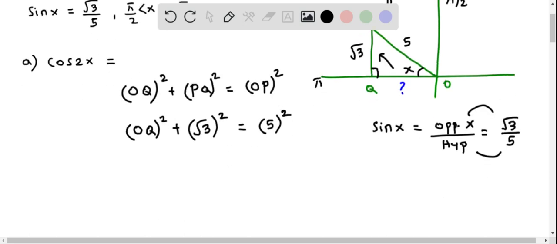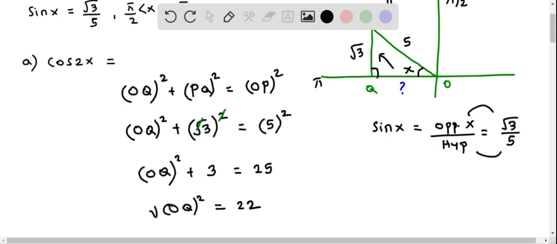Let's simplify and solve for OQ. Here we have OQ squared plus root 3 squared. This root and this power of 2 will get cancelled, so we will have only 3, and this equals 5 squared, which is 25. Now we can solve for OQ. OQ squared equals, subtracting 3 from both sides, 22.